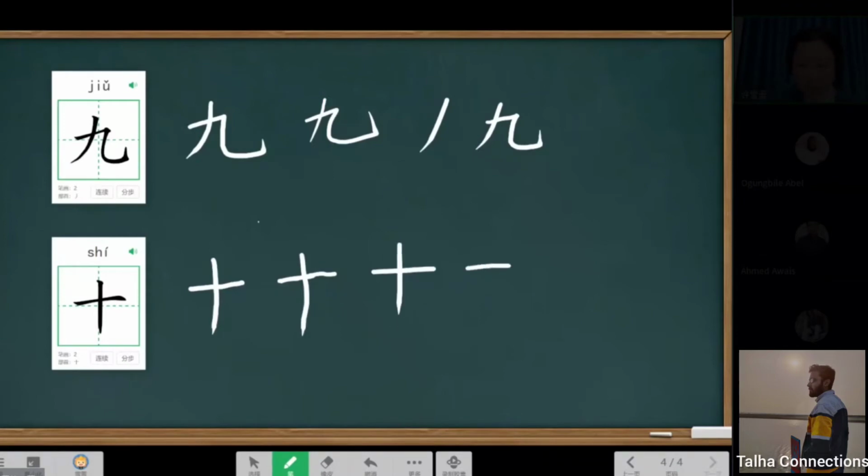I should write it faster. So that's better. Okay, 十, very simple. The first stroke and the second stroke. That is 十, which means 10. Wow, you learned to write 10 Chinese characters in a very short time. Very, very clever.